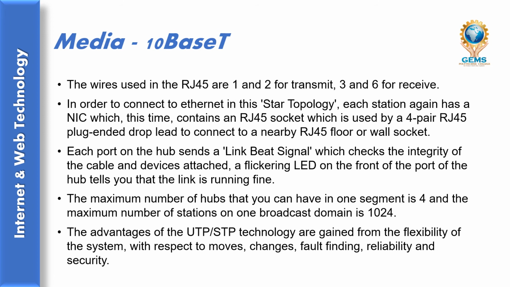Each port on the hub sends a link beat signal which checks the integrity of the cable and the devices attached. A flickering LED on the front of the port of the hub tells you the link is running fine. The maximum number of hubs you can have in one segment is 4, and the maximum number of stations on one broadcast domain is 1024.